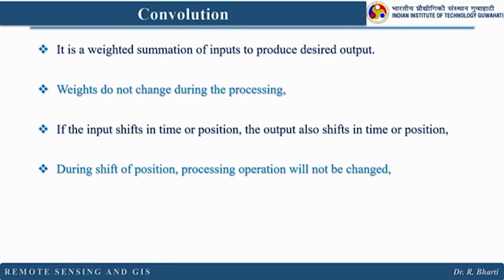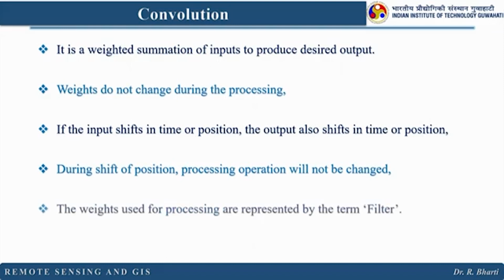Whatever logic you are using, let us assume averaging, you should not change to any other logic for this particular image during this processing. So your logic will remain constant and you will move one by one to all the pixels, calculate the new values, and the older values will be replaced with the new calculated values.